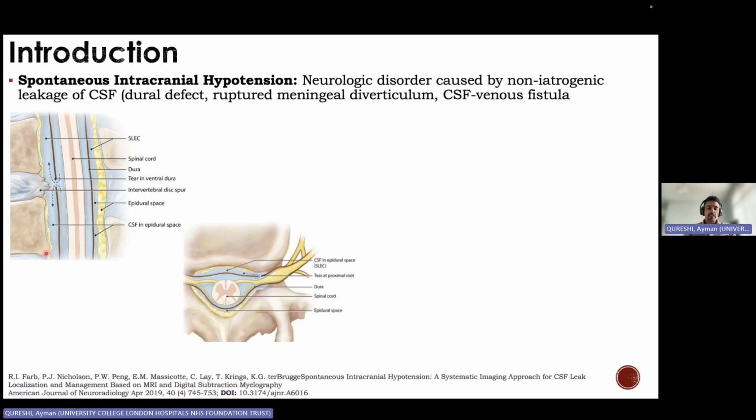A type 2 leak is where the breach or the hole in the dura isn't in the midline. Right now we're looking at what we call a transverse section through the spine. So instead of the leak being here, as it is in a type 1, we actually get it here, a little bit further out, where the nerves or the nerve roots exit the spine at an area called the foramen.